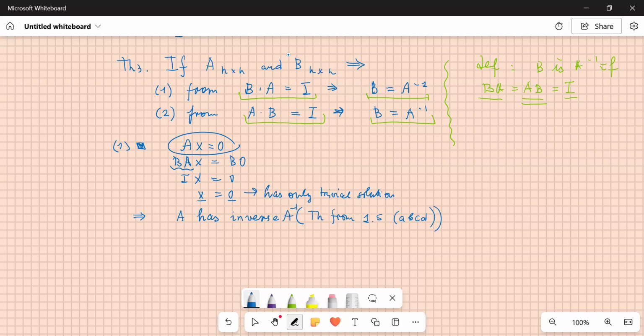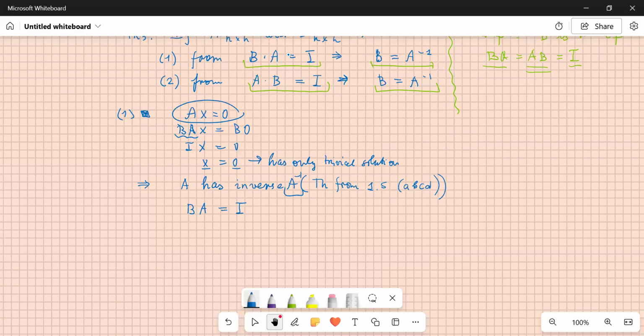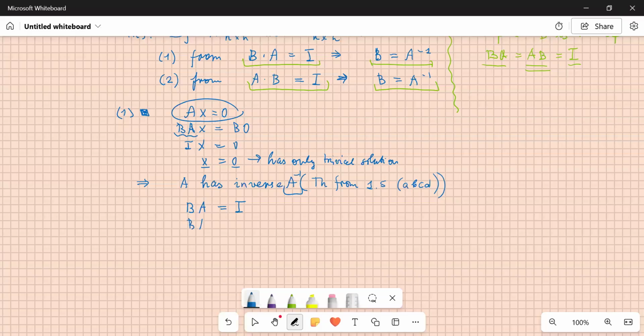I'm going to even write down A inverse. Now, I'm going to write down the statement BA equals identity and multiply it by that A inverse. The theorem tells us that if a homogeneous system with that matrix has only the trivial solution, then the matrix has an inverse. I'm going to use that inverse and multiply by it on the right.